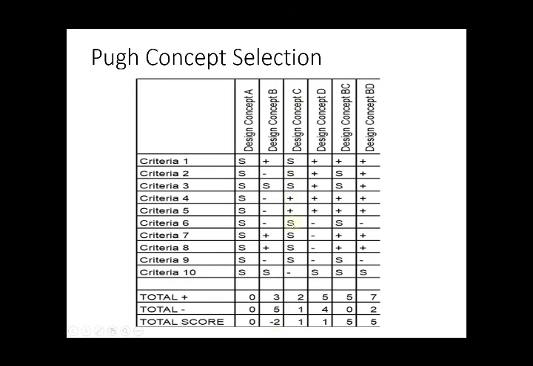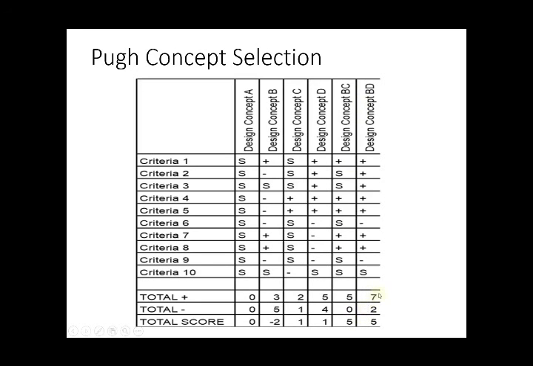Similarly, you add the number of plus signs and minus signs and calculate the total score. For all the design concepts, you will be calculating the total plus signs, the total minus signs and the total score. From this, you can identify which is the best design solution. The total score is highest for the two concepts BC and BD.